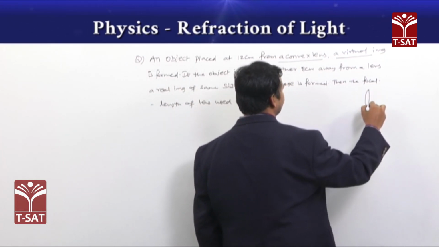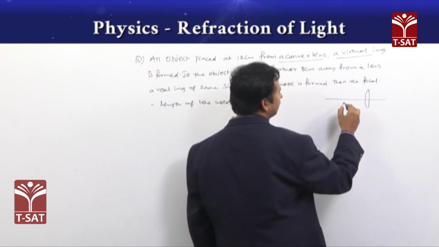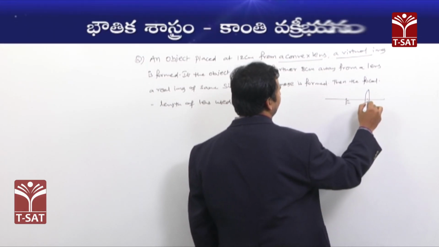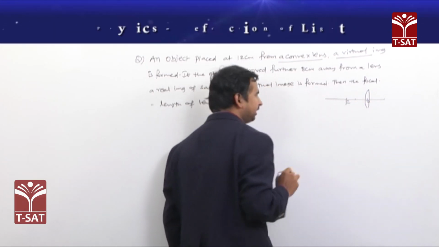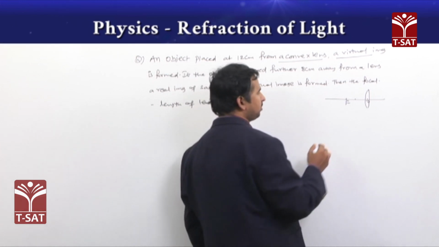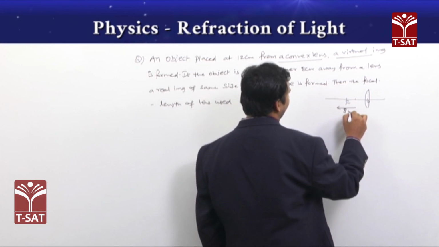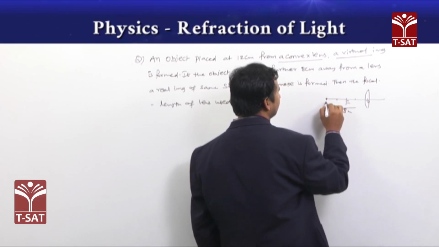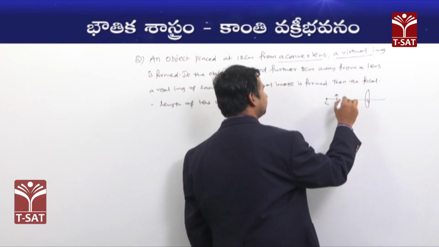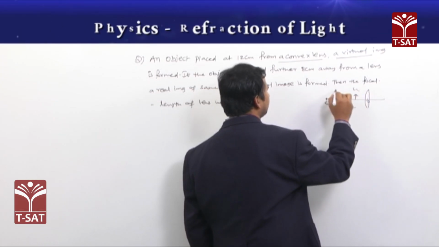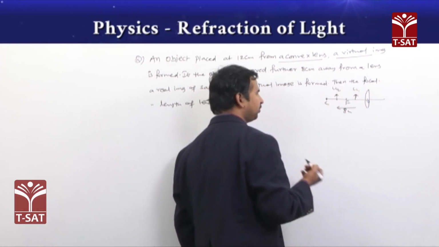If this is the convex lens, first the object is placed between F and O, at 12 centimeters as given. Now it is moving away by 8 centimeters, so the position becomes between C and F. This is the first position of the object and this is the second position of the object.